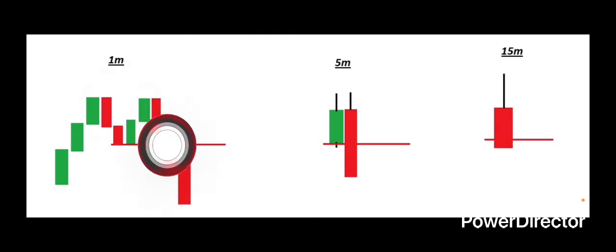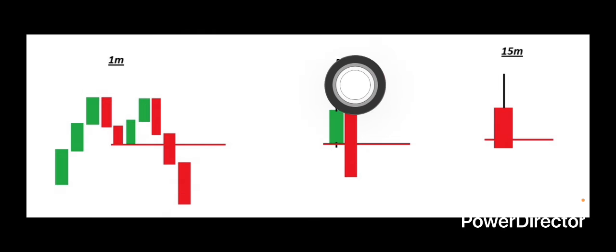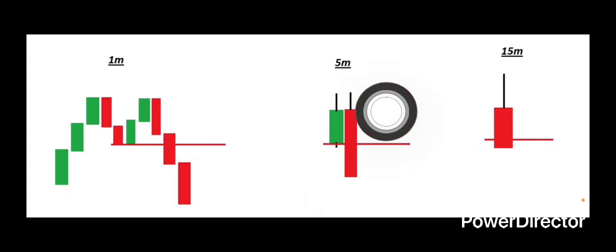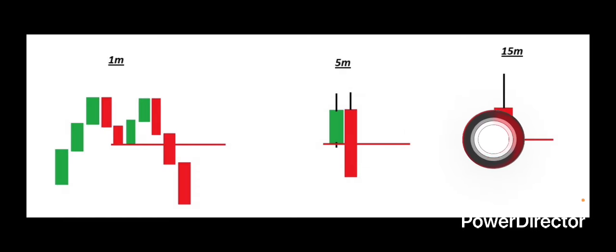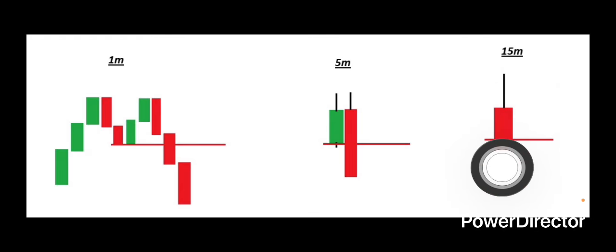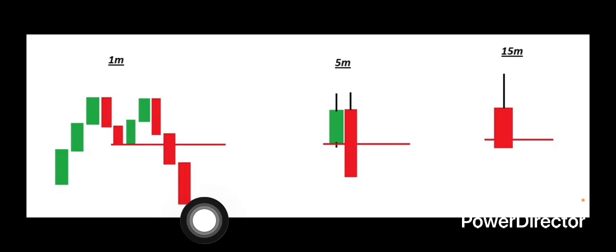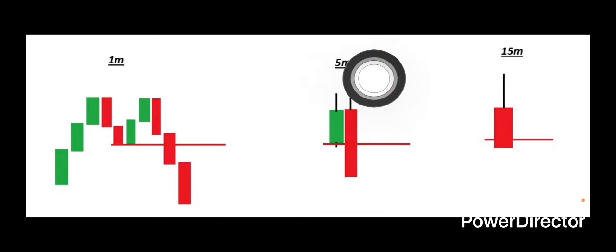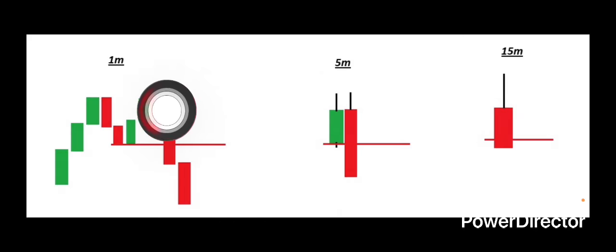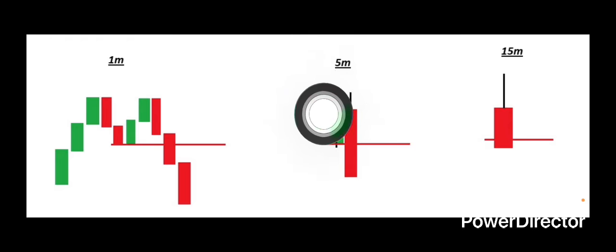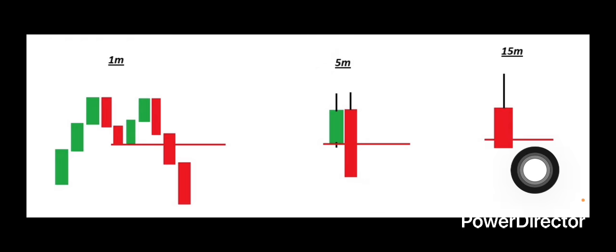This same M pattern on a 5-minute chart is going to be an engulfment, and that same engulfment on a 15-minute chart is going to be a pin hammer. That means this pin hammer on the 15-minute chart is an M pattern on a 1-minute chart. That way you can look at your 5-minute chart, see this engulfment, and know that this is a double top. You can see the wicks. It's an M pattern.